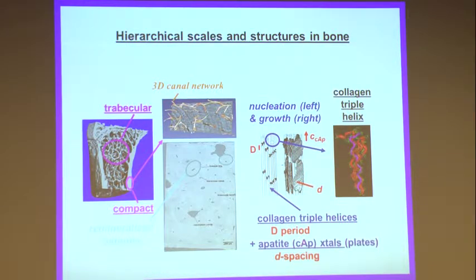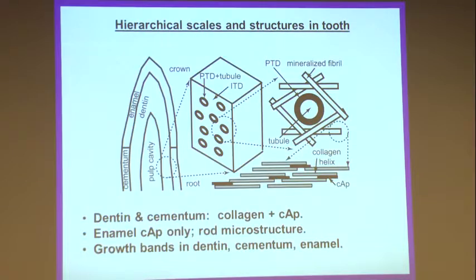Sometimes I'll call it carbonated apatite. And the collagen triple helices will have an intimate relationship with the mineral particles. And we characterize these in scattering terms by D period and D spacing. This is a micro-CT picture from 2BM where we're seeing different mineral levels.